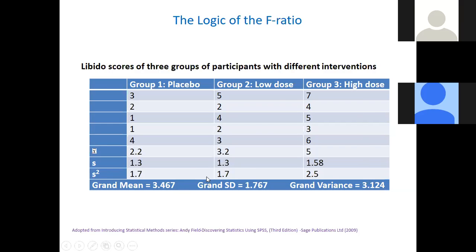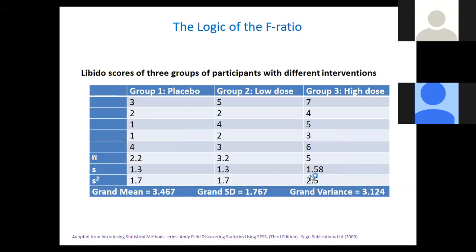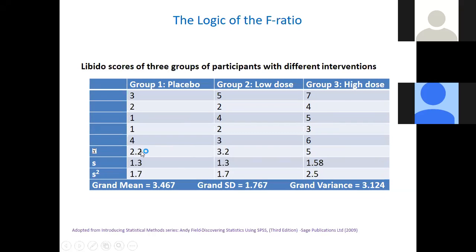And the variance in each group is the variance within. This is the variance for group 1, variance for group 2, variance for group 3. Can you see? So we have the grand variance, the total variance, which is 3.124.